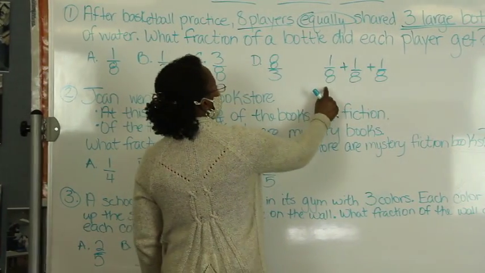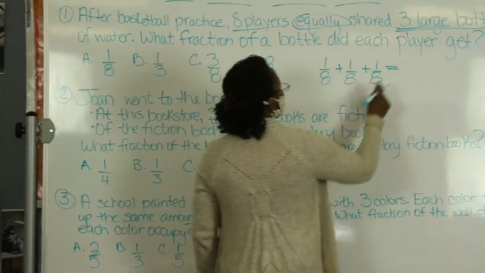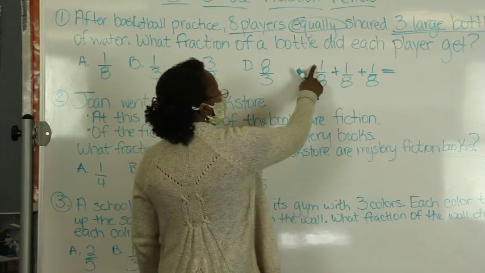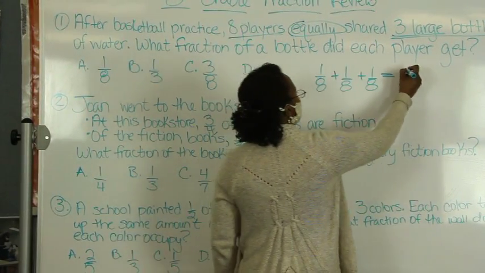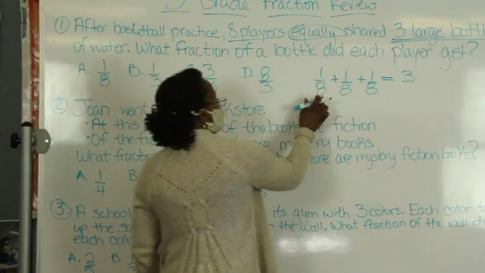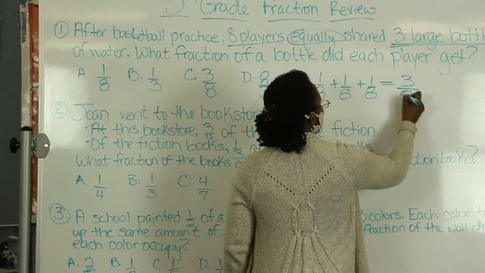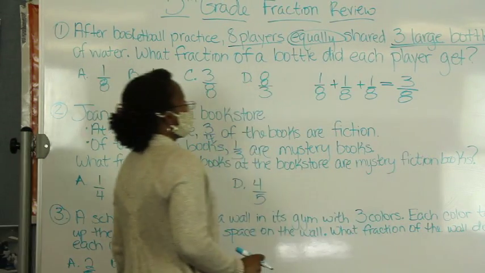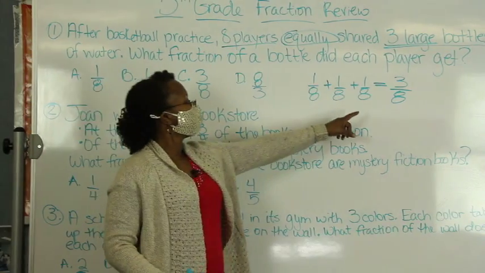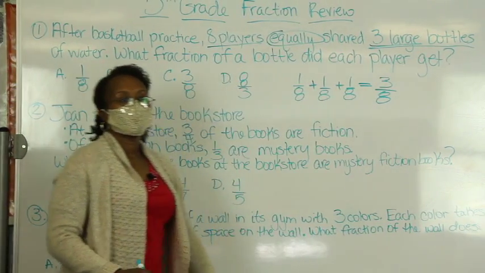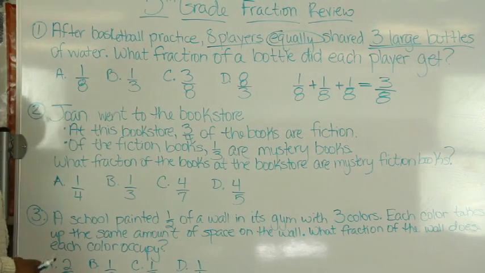So if we add up all of these fractions, you want to add the numerators, 1 plus 1 plus 1, which is 3. And then they all have the same denominator, which is great. So we just put our denominator. So we come up with each player getting 3/8 of the water bottles, okay?